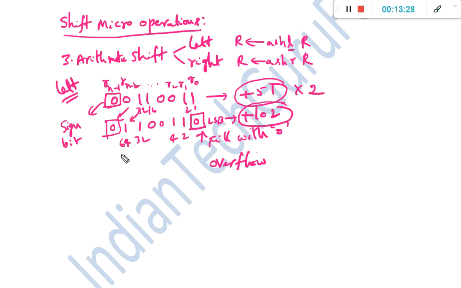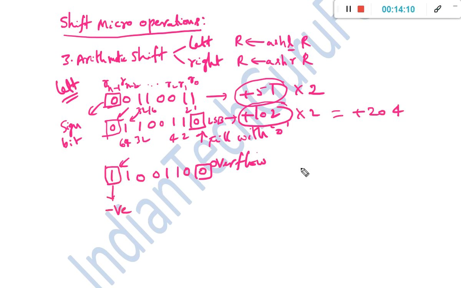This one comes here, this one comes here, 1 0 0 1 1 0, and I fill with one more 0. Now in the sign bit, what value is there? A 1 is there. However, plus 102 into 2, what value should we get? We should get plus 204. So instead of plus 204, what value came? A negative value came.